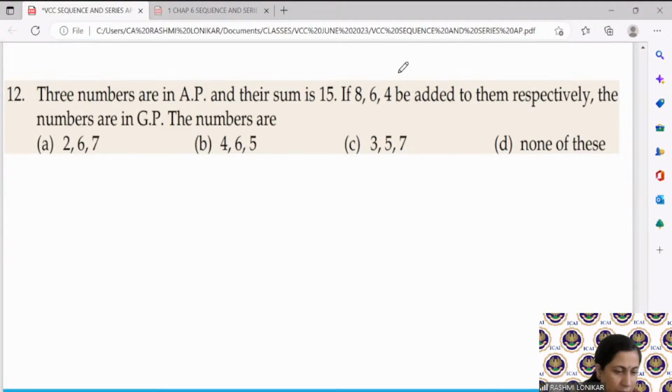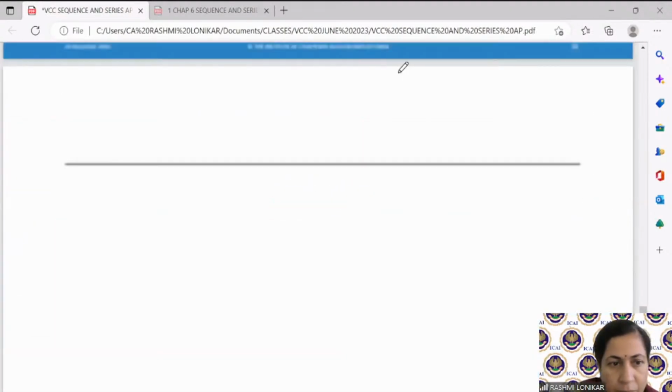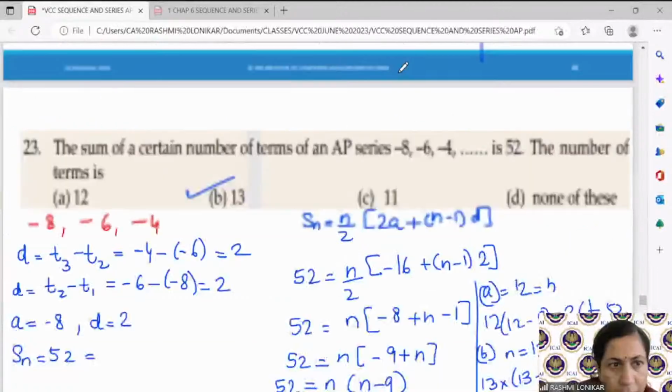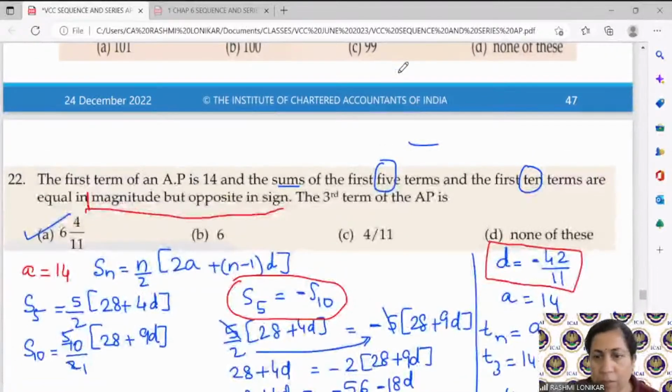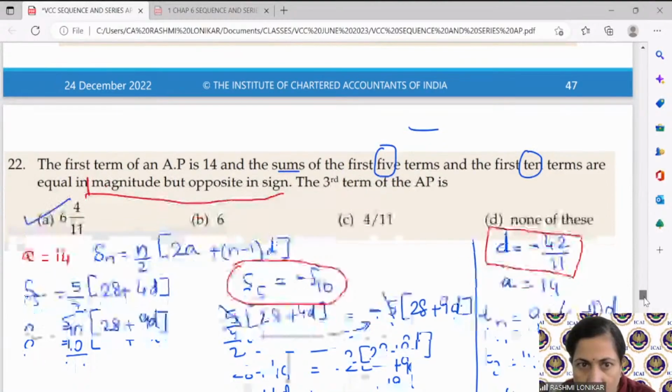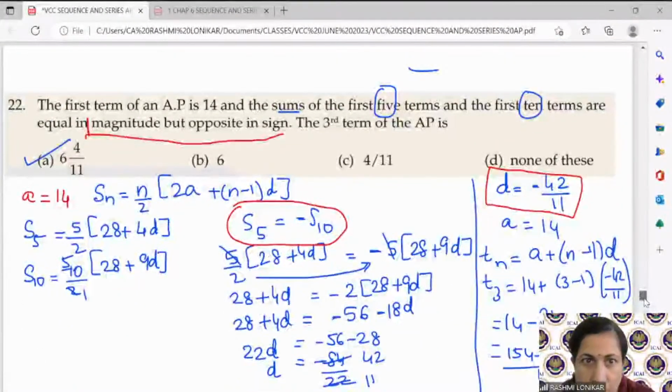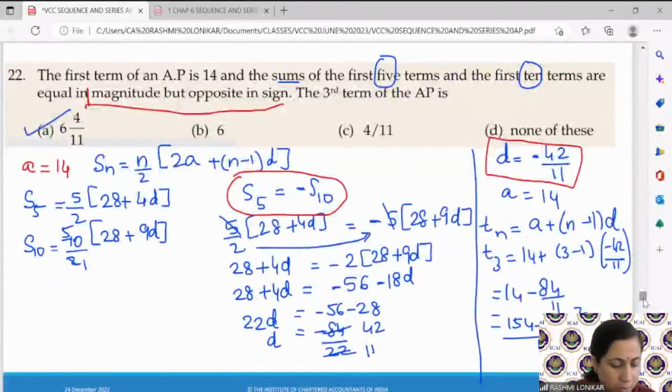Crystal clear? Aditi, very good. Solution of 22, Sindhu. This one? Okay. So you can take the screenshot. Yes, Swati, Kevin, Manish, Dimple, Aditya, Yash.